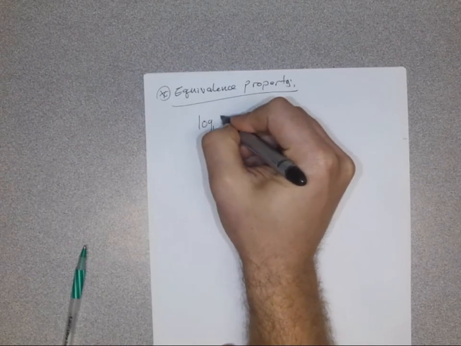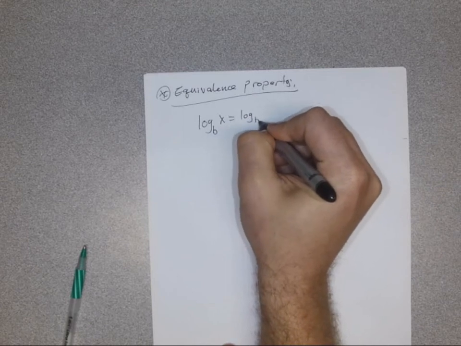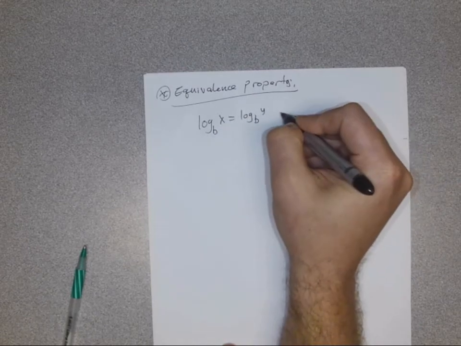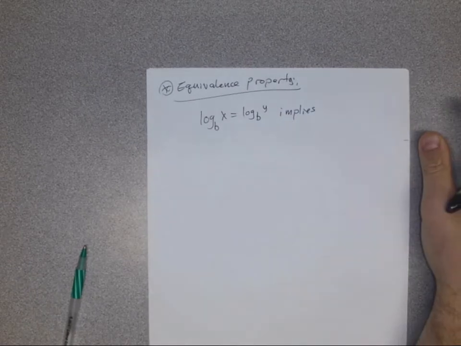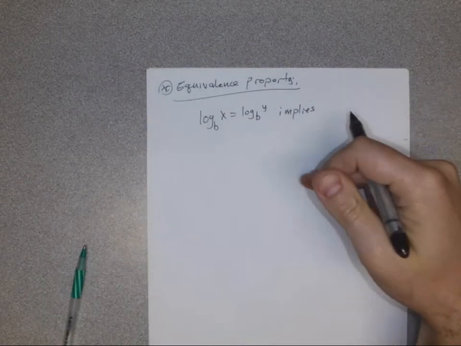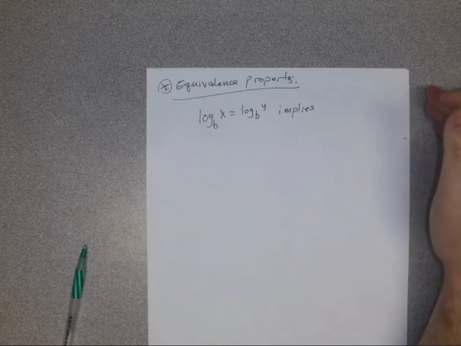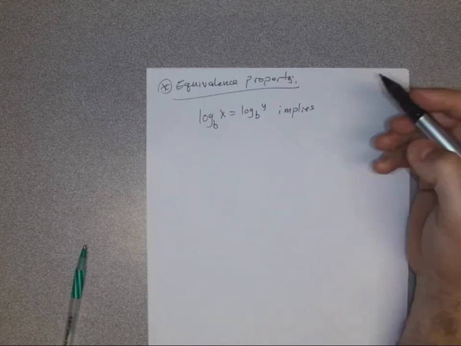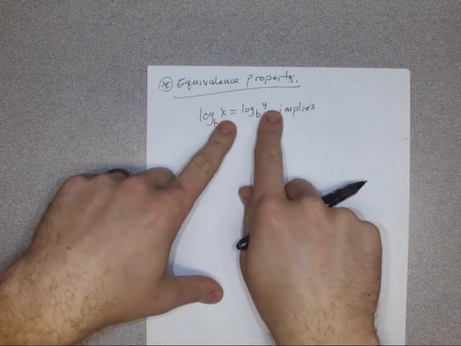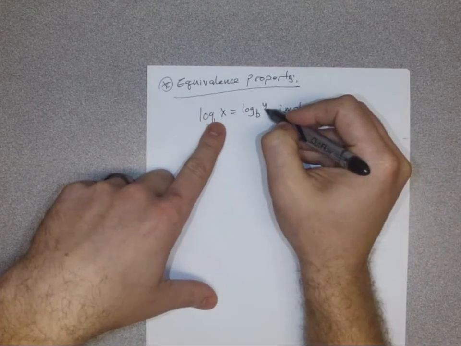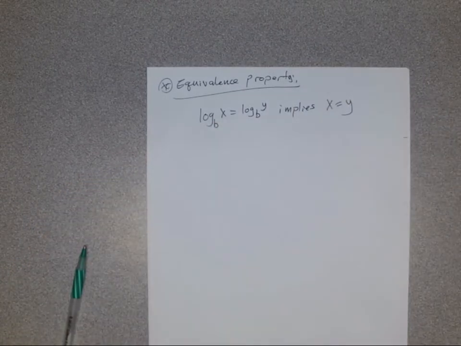You have a log base b of x, and if that's equal to a log base b of y, that implies, what does that imply? It's similar to the exponential form where you had b to the x is equal to b to the y, and we set the exponents equal to each other. x is equal to y. So it's the same thing here. If you have log and the same base, then whatever's inside, these x and these y, have to equal each other. So x is equal to y.